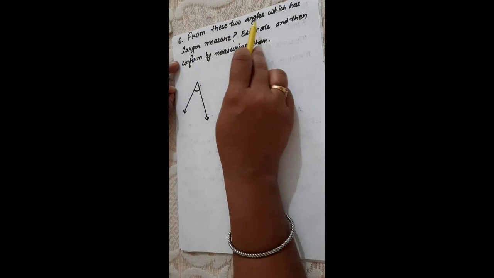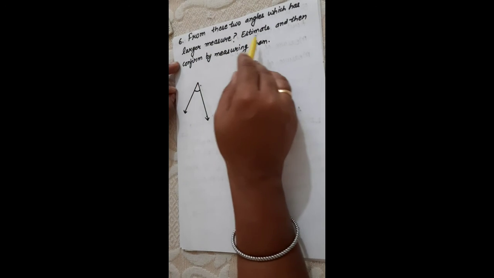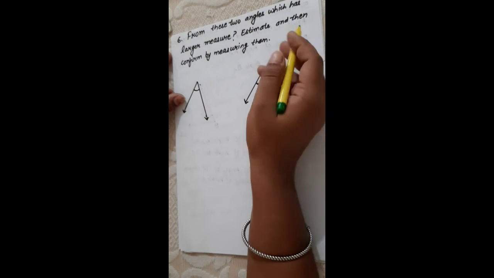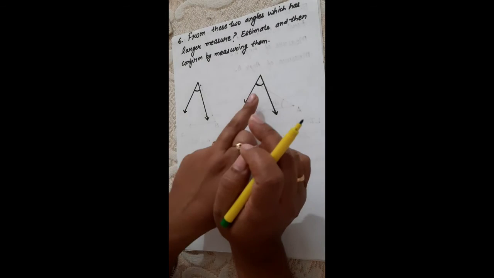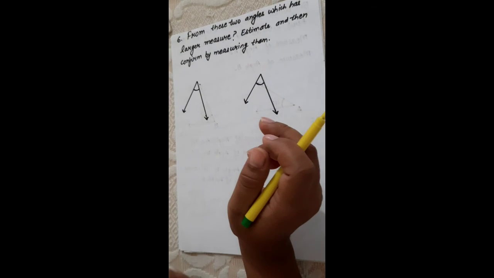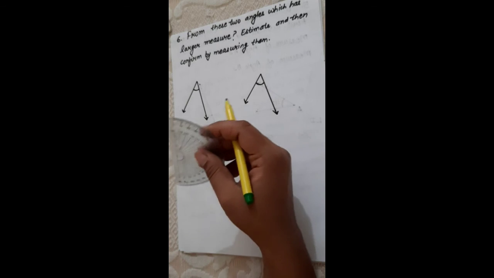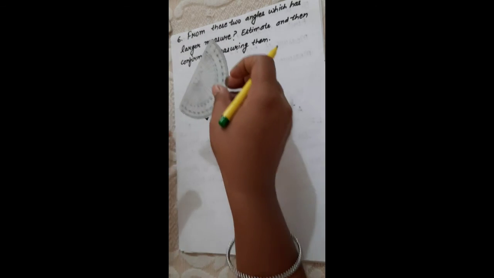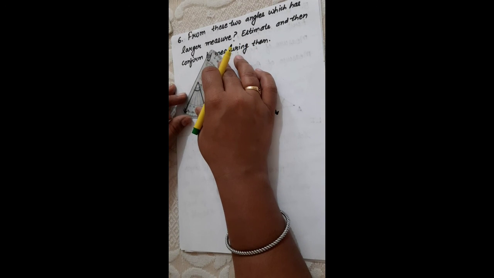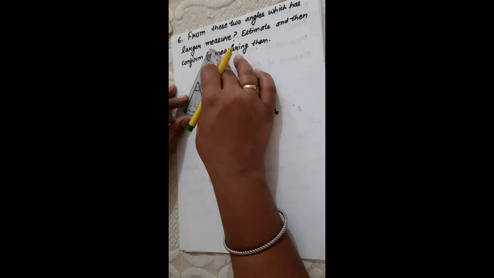Now next we have question number 6. Again, from these two angles, which has larger measure, estimate and then confirm by measuring it. If I estimate both the figures, then I found that this angle has larger measure, but I will confirm by measuring it. So I will use protractors over here. I will place the center of the protractor at this point.